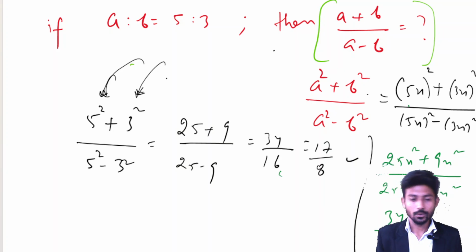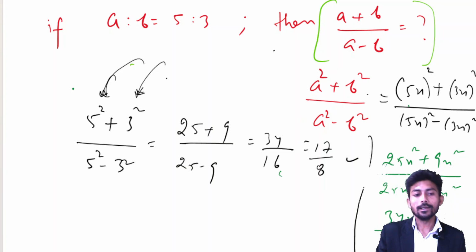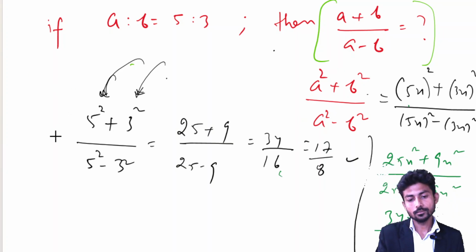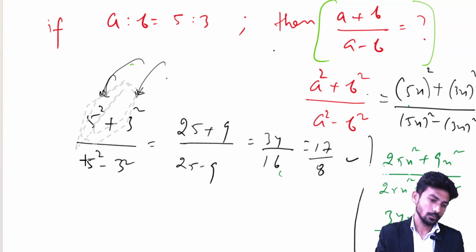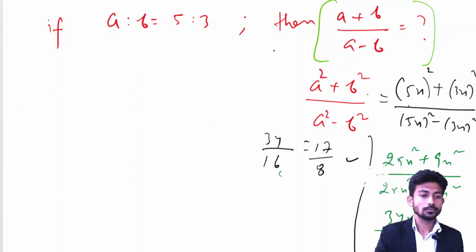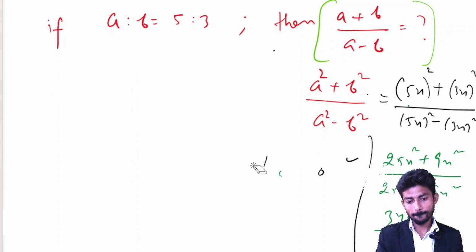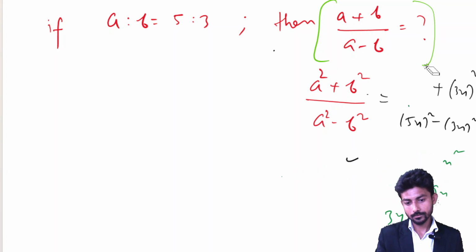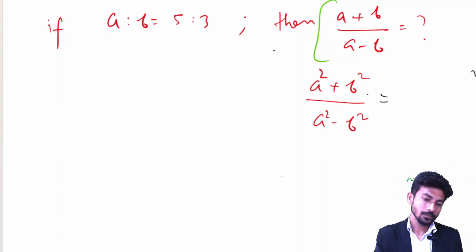Okay, now let's slightly change this question, or just see one more variation of such kind of problem. First it was a linear term, then we saw a square term.